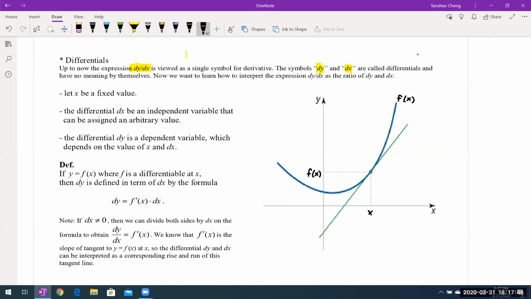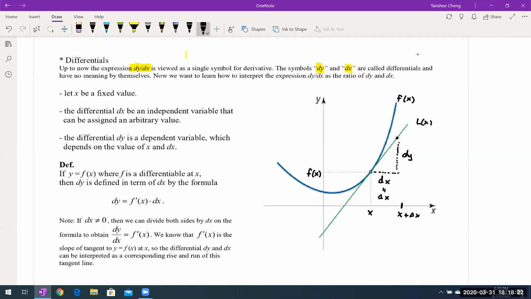So if I'm having another point right here, the change in x becomes my dx. So this is x plus delta x. So dx and delta x will be the same. And the change in y in this linearization function will be considered as dy.